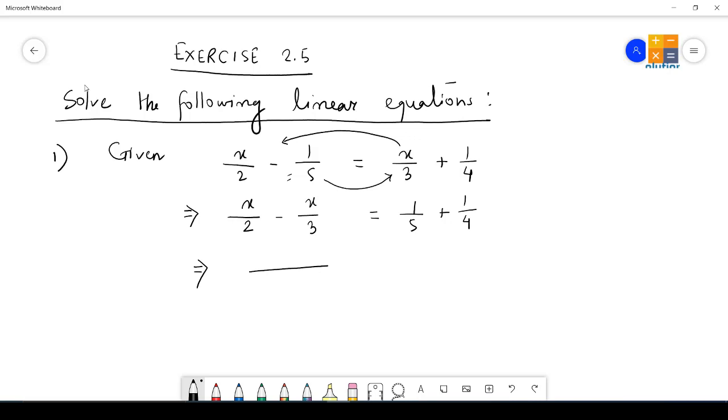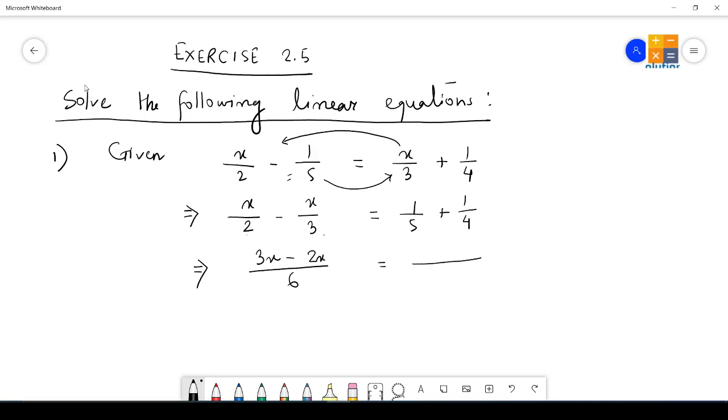So in the next step, on both the sides I have to take LCM, and we all know that the LCM of 2 and 3 is 6. So 2 threes are 6, 3 twos are 6. So 3 will be multiplied with this numerator x to give us 3x. Then there is a minus sign, so we put minus, and 2 will be multiplied to this x, giving 2x.